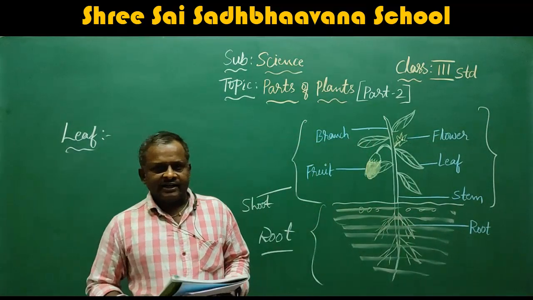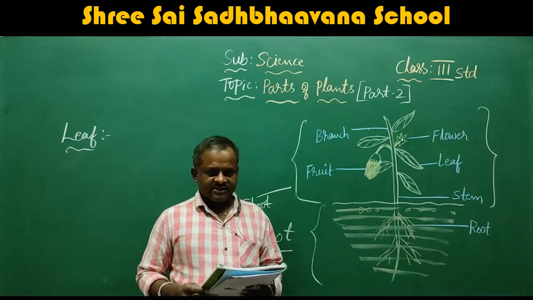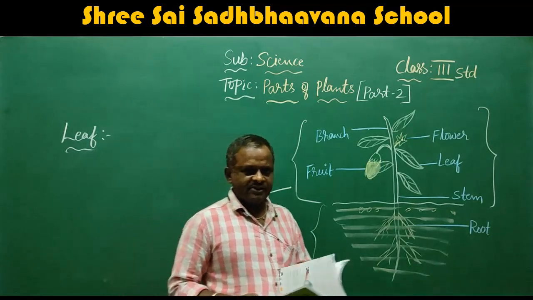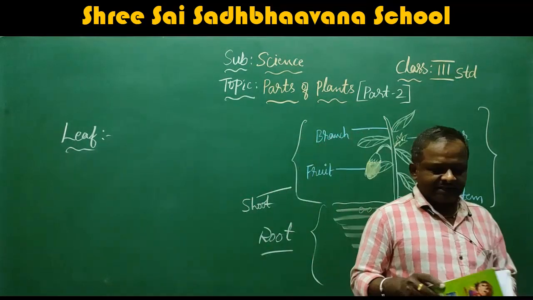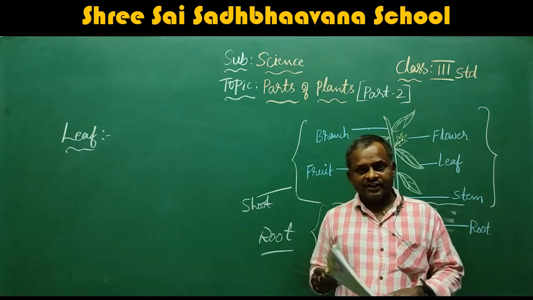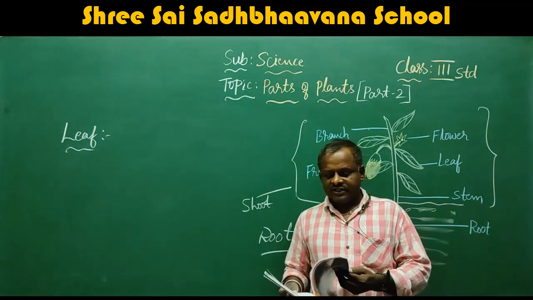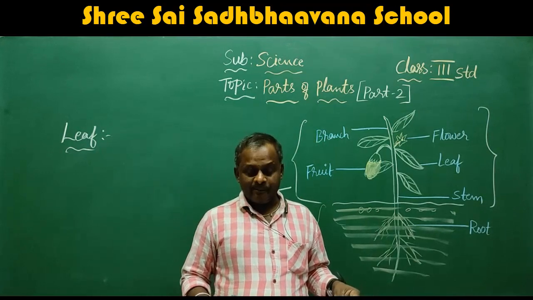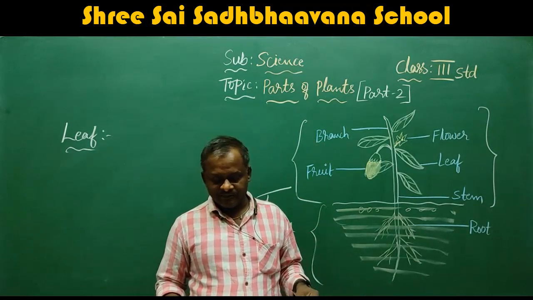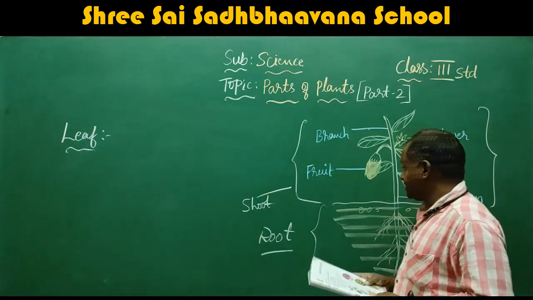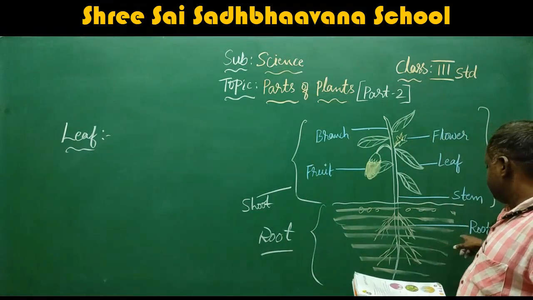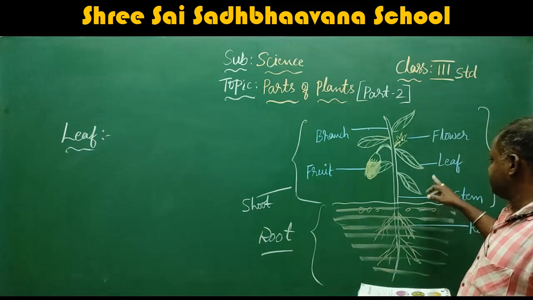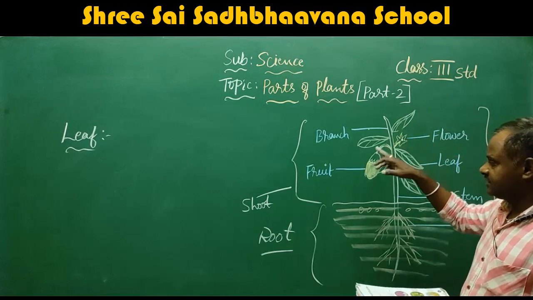We are studying the third chapter. Chapter number 3 we have already started, and now we are continuing it, that is, the parts of the plants. In the last class we studied the main parts: root, stem, leaf, flower, branches, fruit.